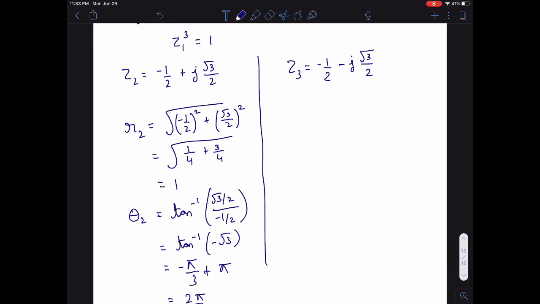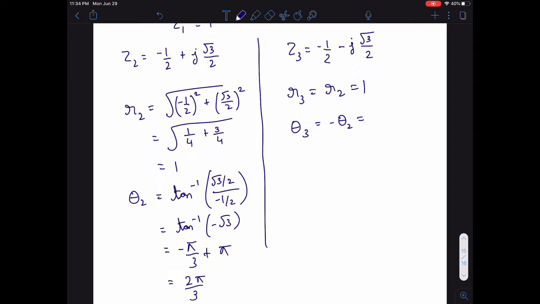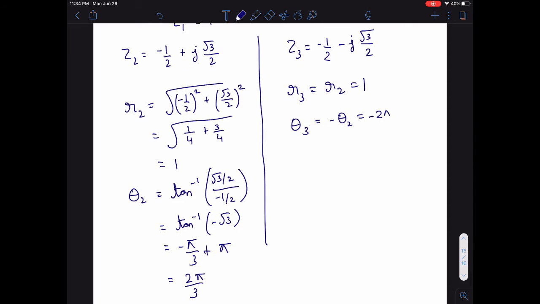And if we observe, z3 is the complex conjugate of z2, so r3 would just be r2, and that is 1, and theta 3 would just be minus theta 2, and that would be minus 2 pi by 3.